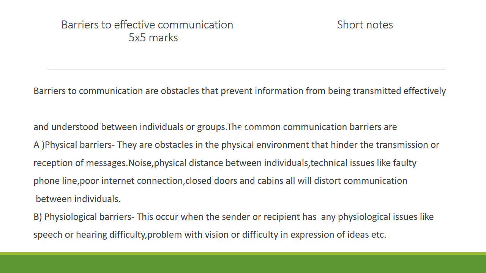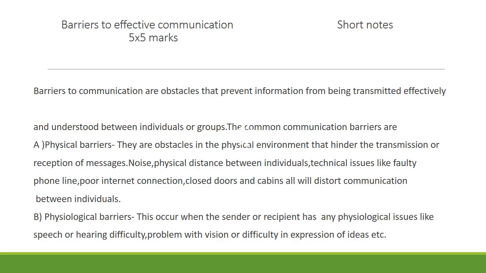So physical barriers are physical obstacles that prevent information from being transmitted from sender to recipient, like a closed room or distance between two individuals who are communicating, or noise in the room.